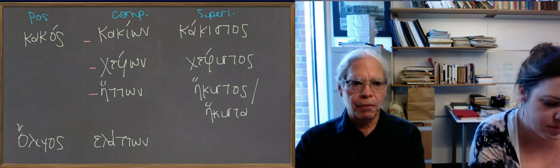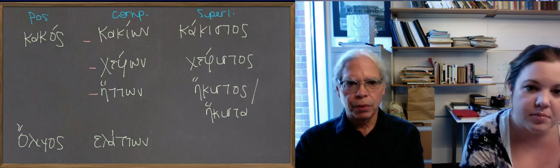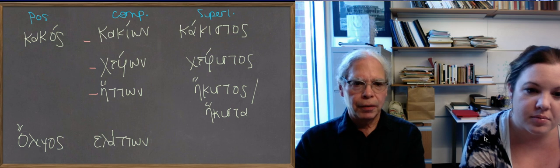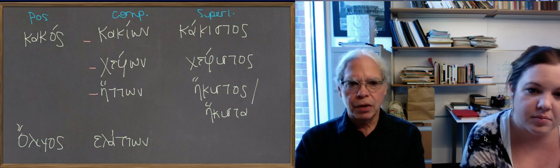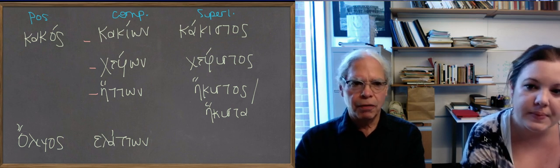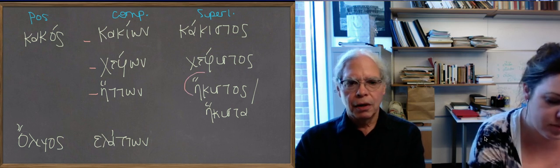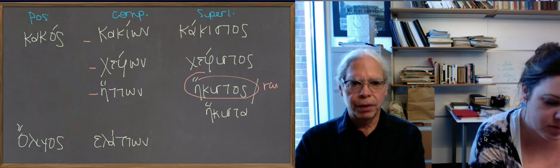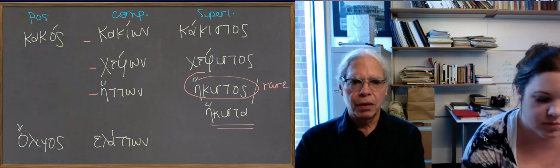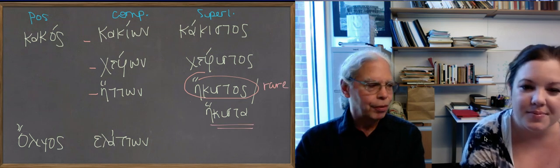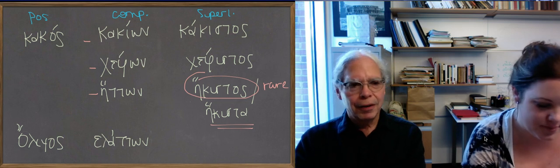Again, the comparative forms are in on or eon, the superlatives in istos. In the case of hekistos, the occurrence of the adjectival form of the superlative is rare in Greek, so the book gives you the adverbial superlative hekista, because that's a much more common word. It means least of all is what it means most of the time.